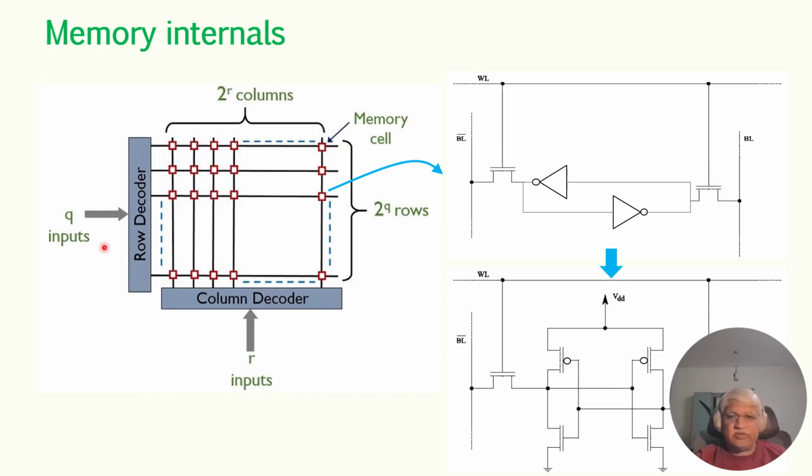Based on these inputs, a specific memory element will be activated. So when this word line is activated, whatever data is there will go through this to the actual output of the memory unit, where it is sent to the data bus. From the data bus it will be connected to the processor.